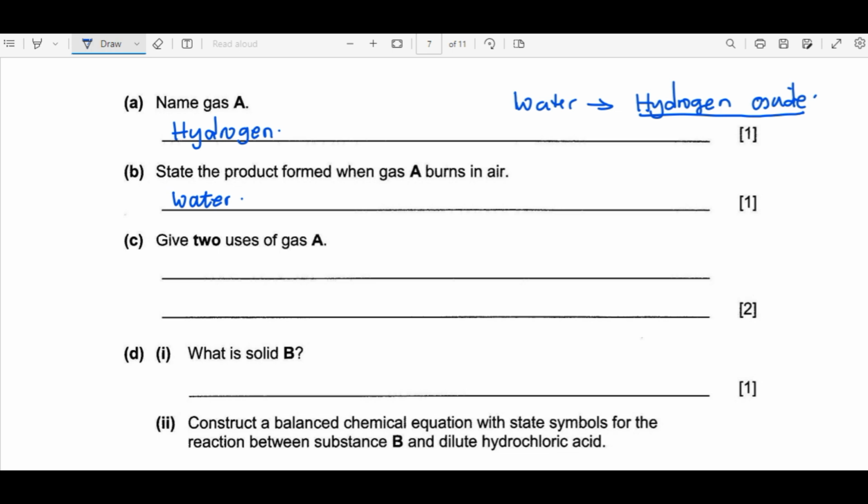Then question C, give two uses of gas A, which is hydrogen. The first one, to make ammonia in the Haber process. Remember, the formation of ammonia needs two reactants, nitrogen and hydrogen, giving us NH3. Then the second one, we say to make margarine.